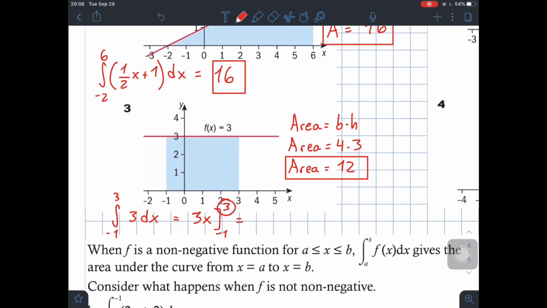We evaluate the function with 3, so this is 3 times 3, and then we subtract the function evaluated with this value. So this is minus 3 times -1. If we calculate this, this is 9, and 3 times -1 is -3, but the negative sign here makes it positive, so plus 3. And you see that we get as a result 12 once again, which matches the result we got here. So the value of the area is also 12.